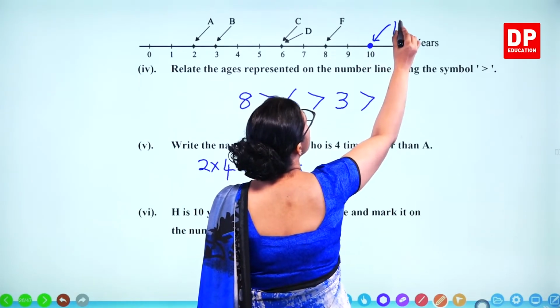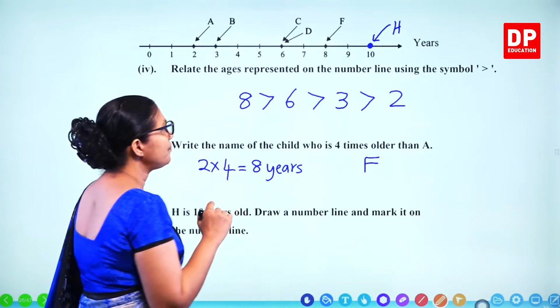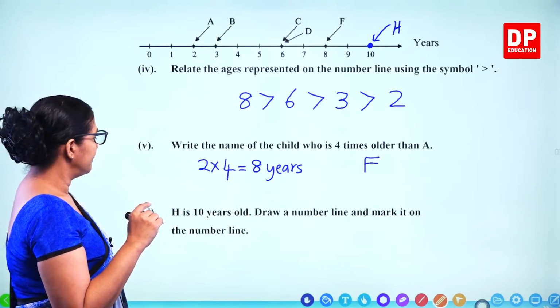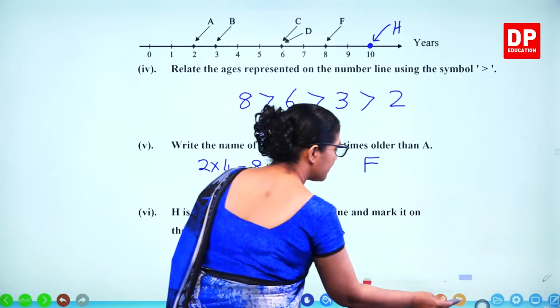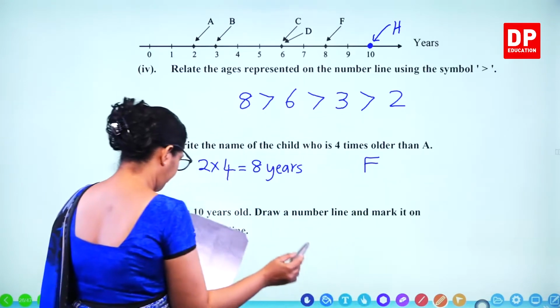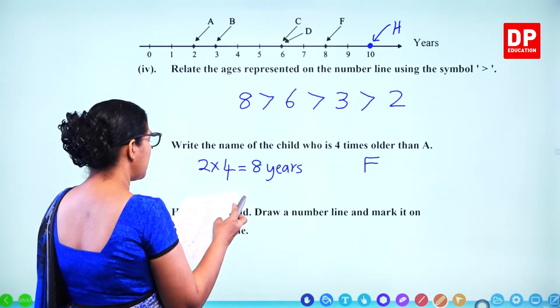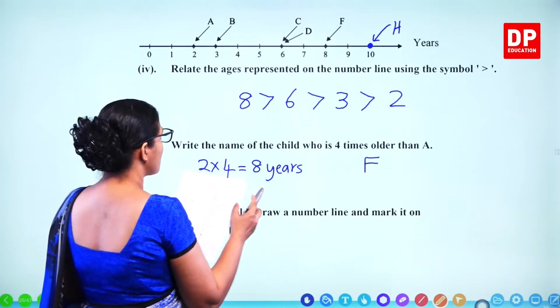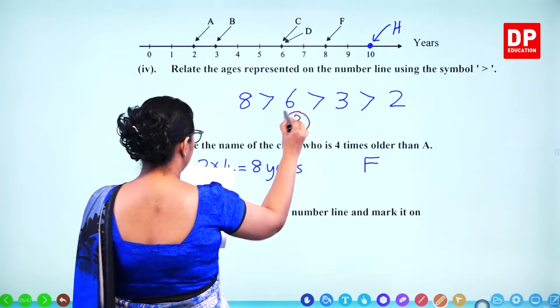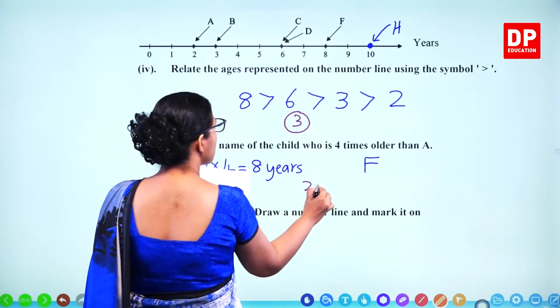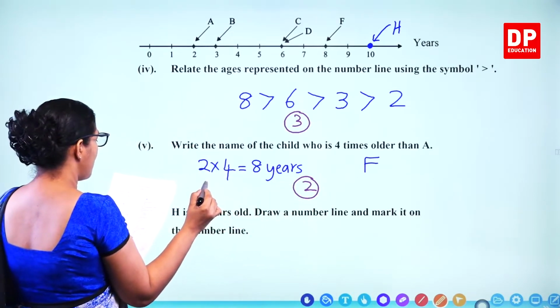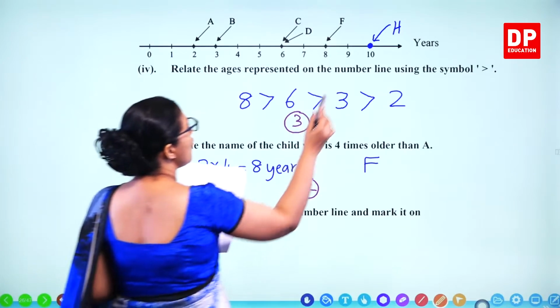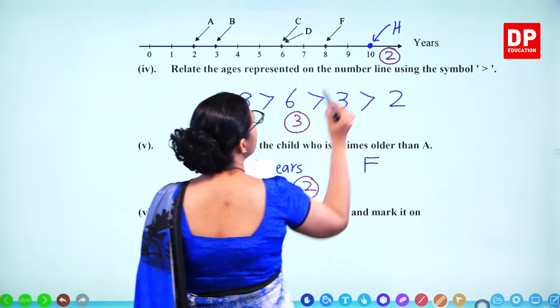And say this is H. That's 10. So how many marks? So you are getting 3 marks for this, 2 marks for F, and 2 marks for showing on the number line.